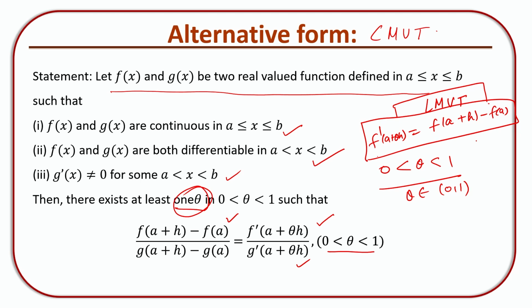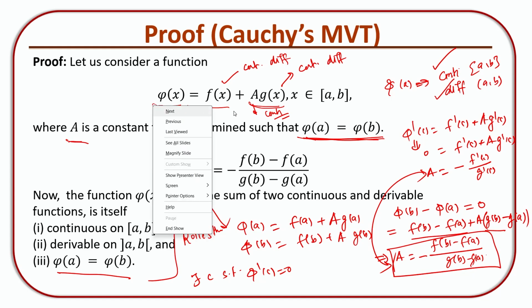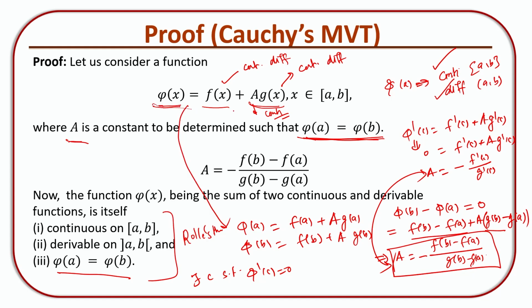You can easily prove this one, as we proved the other. The proof is quite simple and on similar lines: you construct one function that is continuous as well as differentiable, containing some constant A and the two functions f(x) and g(x), and then using Rolle's theorem that will give you phi dash of c equal to 0.